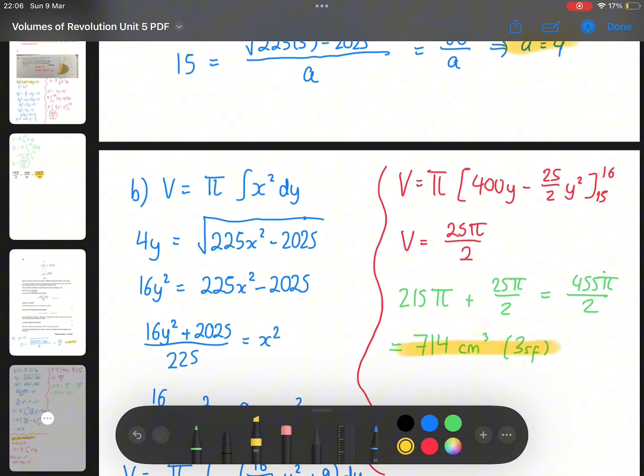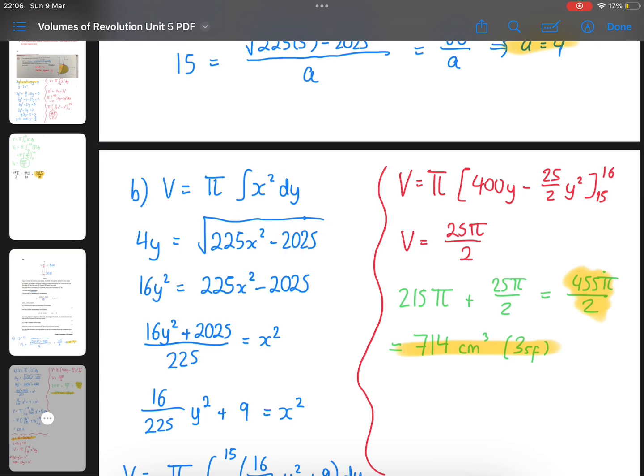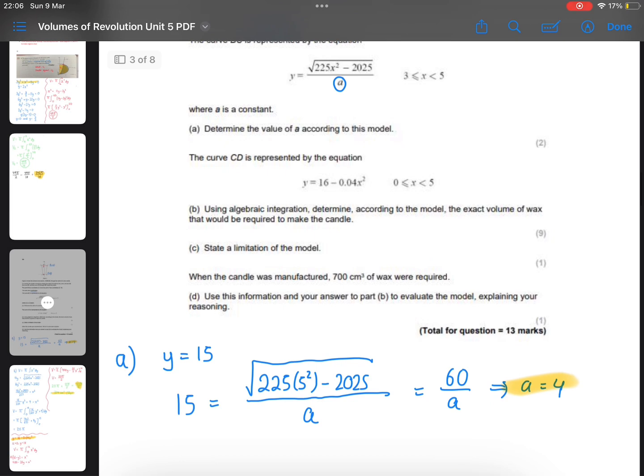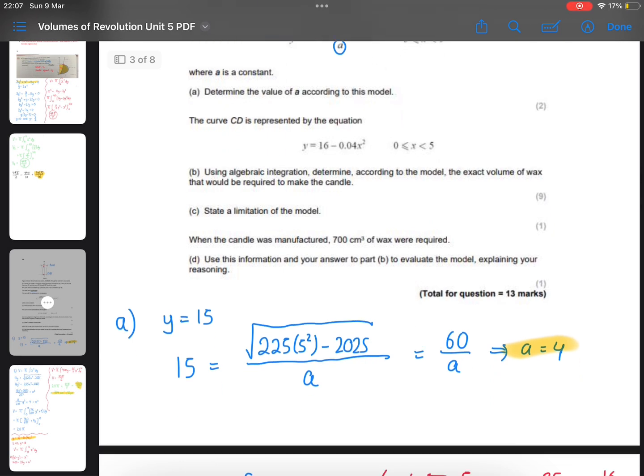So both of those answers are acceptable, but it's also good to see the numerical answer, get a bit of a sense check, and also for the next part of the problem, or rather the one after, the next part of the problem is asking us to state a limitation of the model.